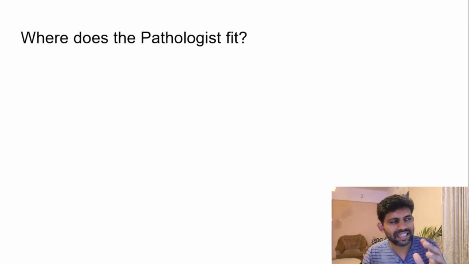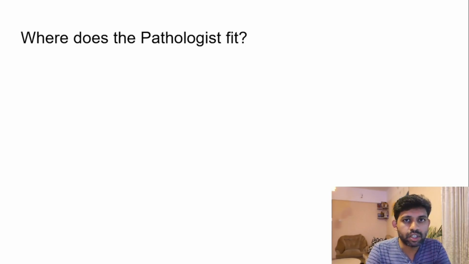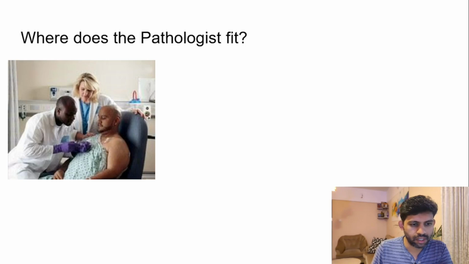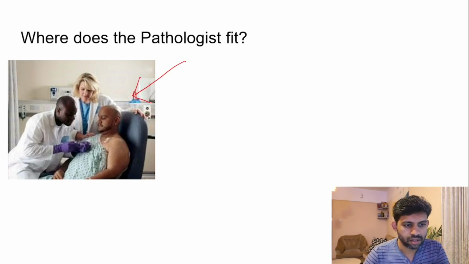Now let's see, in a hospital setup, where does the pathologist fit in? See, a clinician is seeing the patient. He'll ask history, he'll examine the patient like this and everything. And most of the times, clinicians may be able to just come to a diagnosis and give a treatment or manage the case based on this much only.